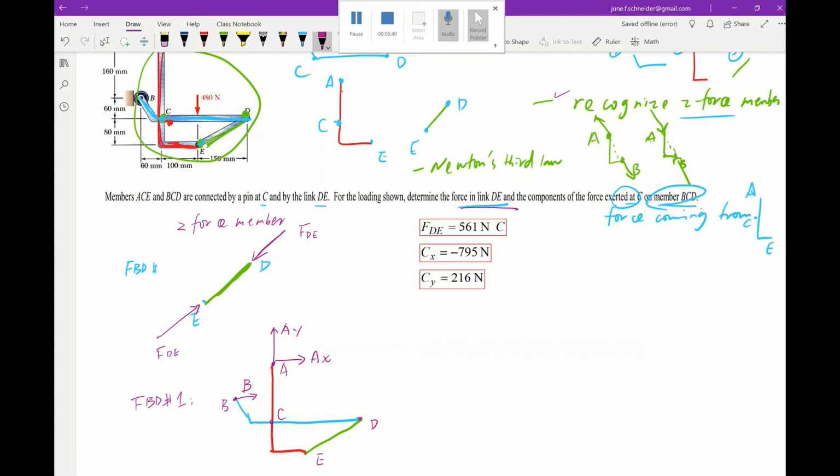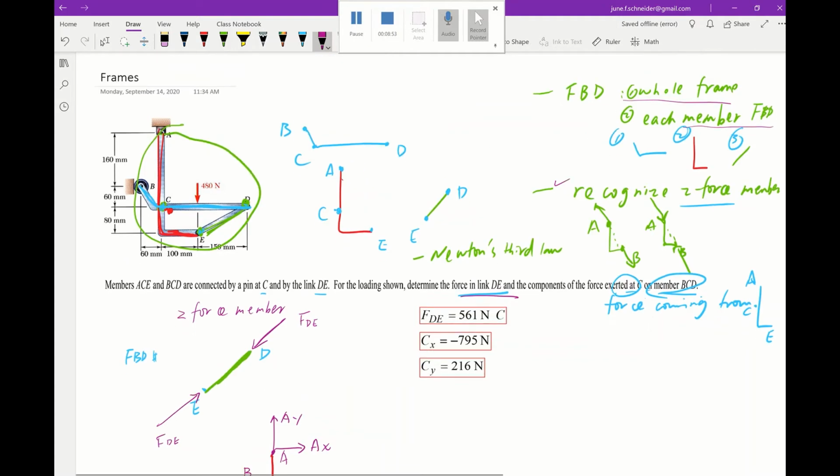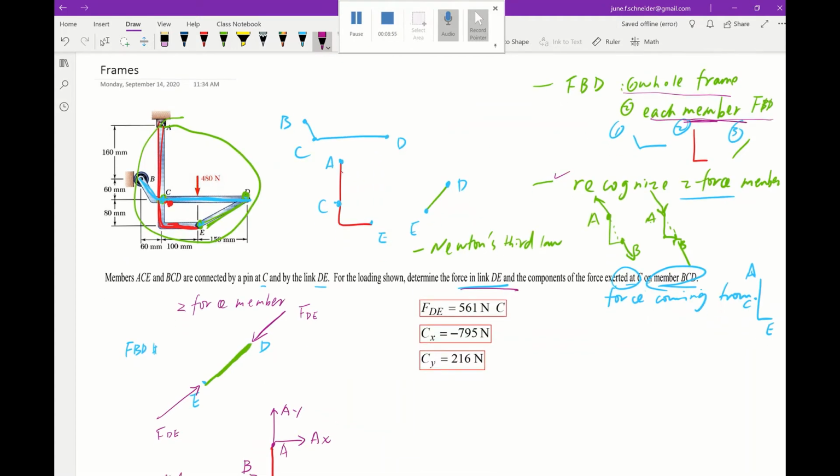Then again, emphasize again, there are no forces at C or D or E because they are internal connections. Those internal connections will have forces on there only when you dismember them, when you look at each member. Because when you look at the entire FBD, there's no force on these points.